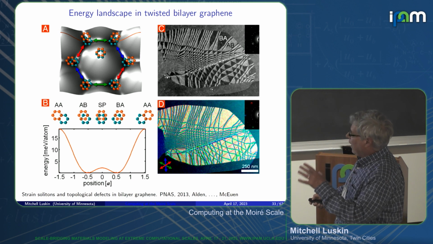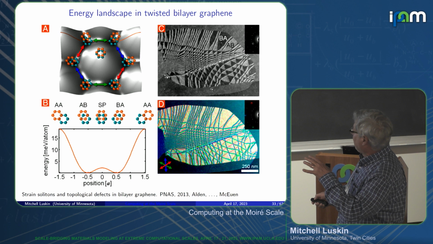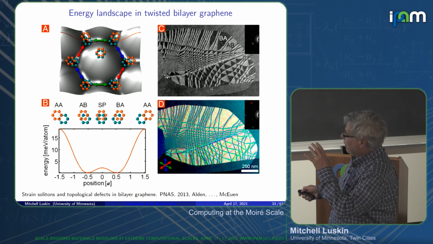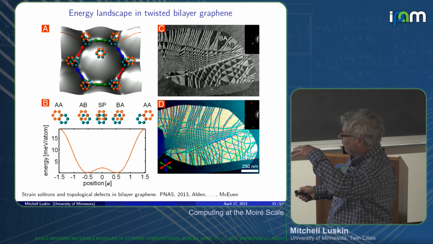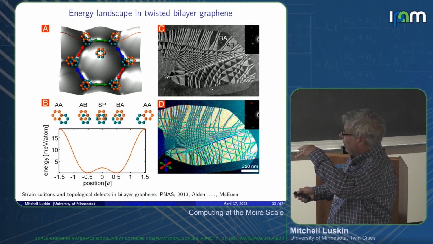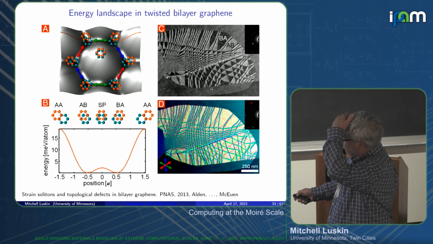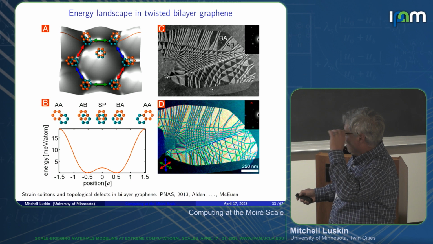So this just says, okay, AA, see, that's bad. Like I said, you're sitting there with one layer totally on top of another. Then you go here and you have your AB, nice, BA, nice, and then you go to the saddle point.